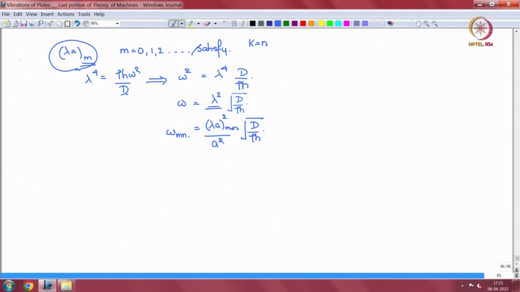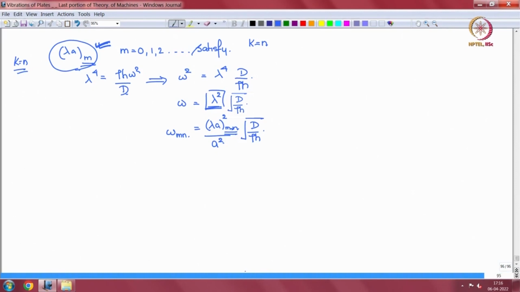For every k equal to n, there is a set of λa values, so the λa come with the n index hidden. Once I have λ squared, I write it as (λa) squared with index mn, but I remove the a in the denominator.